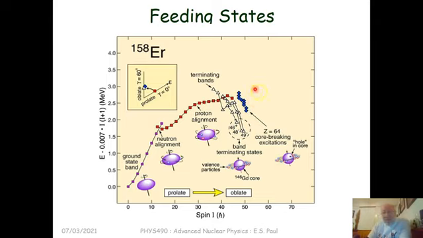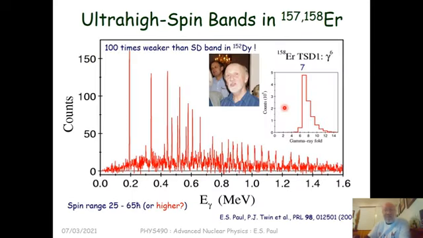So is there a way that we can actually go to even higher spin over here? And well, yes, and that's what we're going to talk about today. Because what we found in this nucleus and its neighbor, it's a nice example of a really long sequence of regular spaced gamma rays, and these we think just correspond to the rotation of a well-deformed shape. It's a sort of super deformed type of shape, so it's much larger moment of inertia than the ground state, for instance.